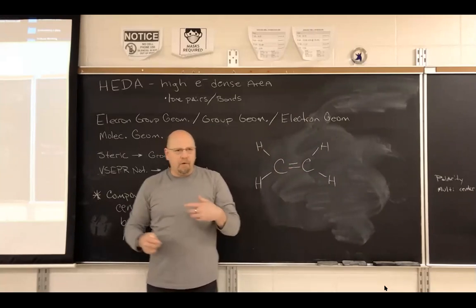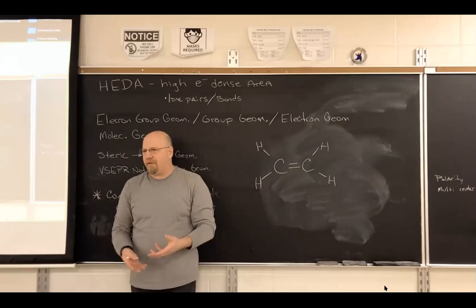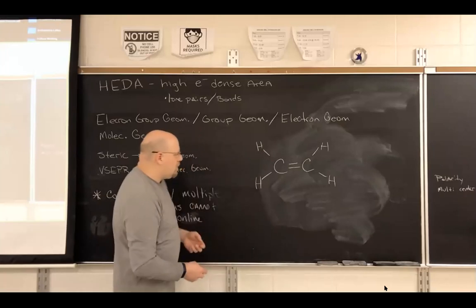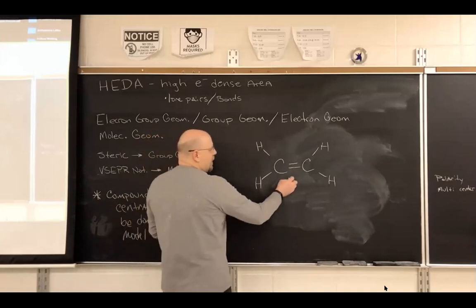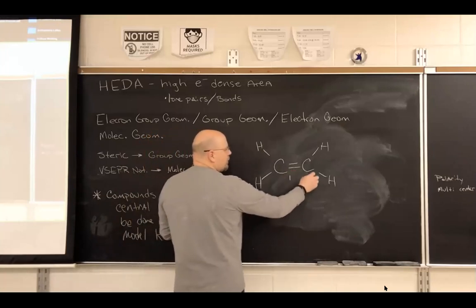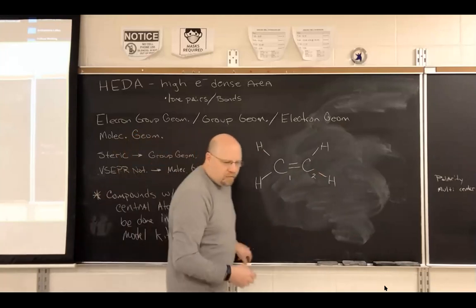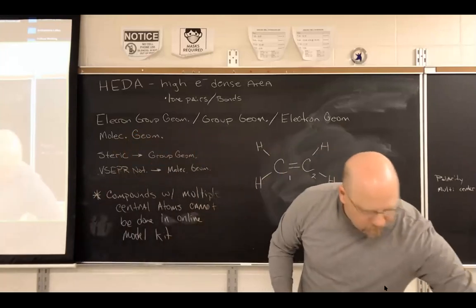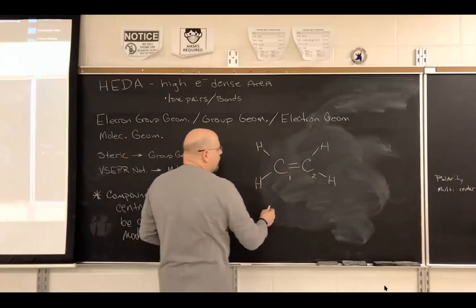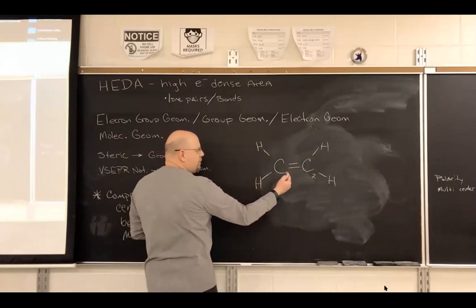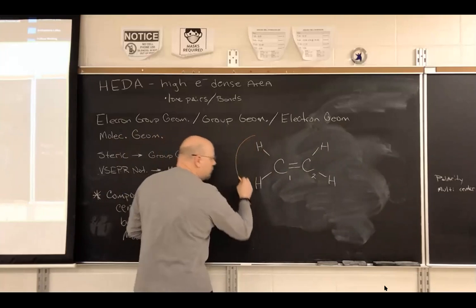It's got what we would consider to be multiple central atoms. So I would designate this carbon 1 and this carbon 2, all right? And we would look at the geometry around this carbon.